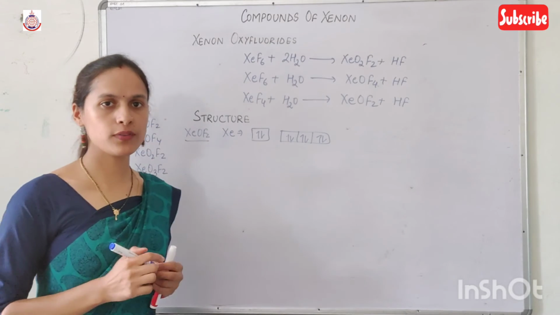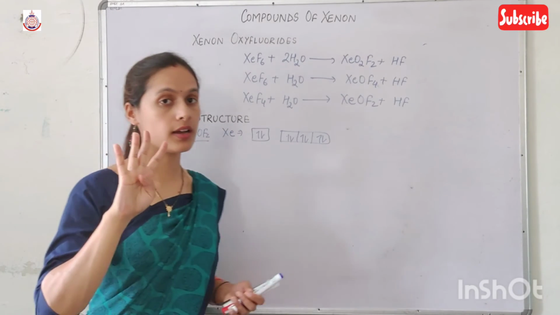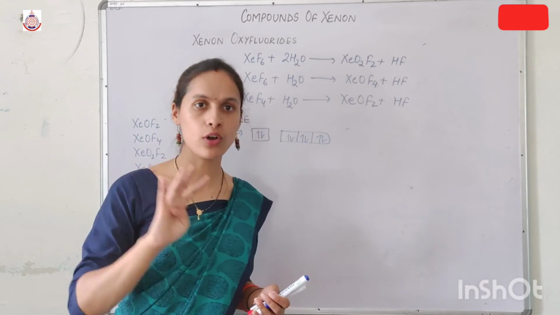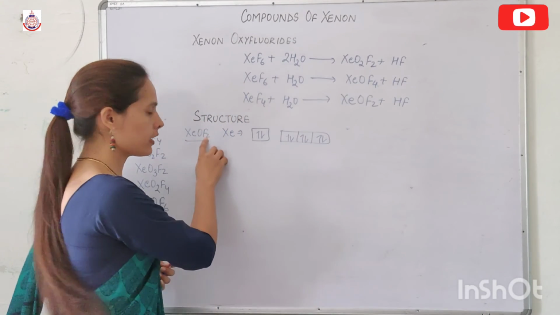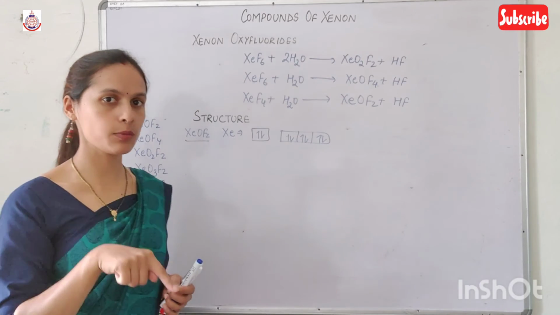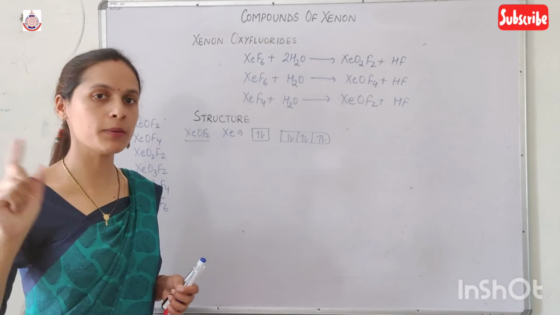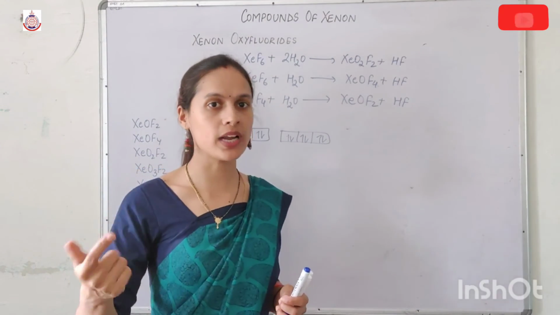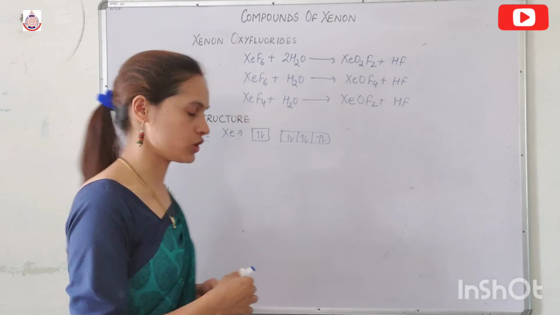Now I have to make XeOF2. For XeOF2, I want 4 singly filled orbitals. Why? 2 for fluorine and 2 for oxygen, out of which one is sigma and another one is pi. It means one participates in hybridization and one does not.